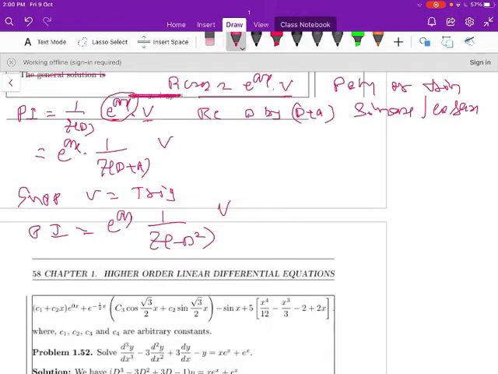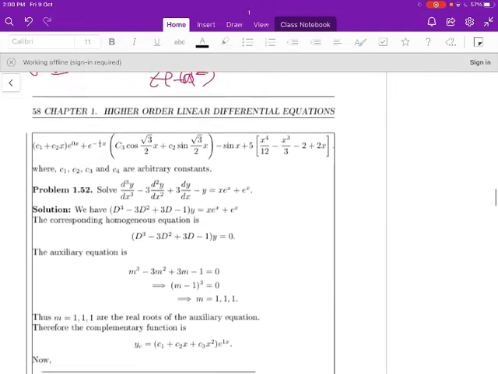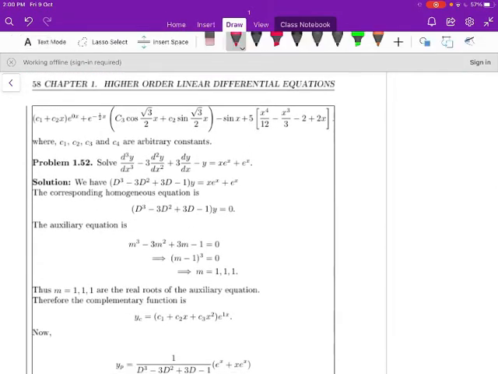In the case of v a trigonometric function, replace D square by minus a square. If v is a polynomial function, one can solve the problems with the help of the binomial expansion. So now let us move to some problems when r of x is equal to e power ax into v form. Let us take a problem.